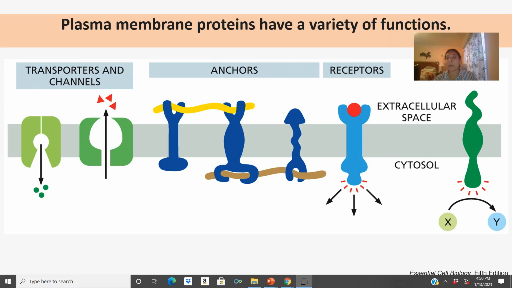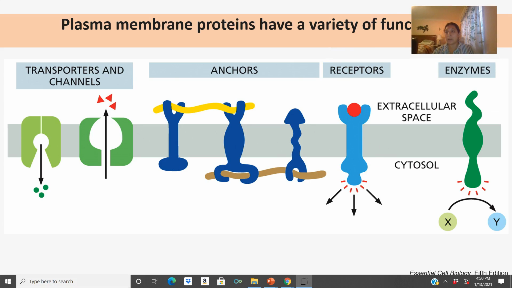And finally, you have enzymes, which catalyze reactions within the cell in response to environmental cues. So those are going to be your 4 main categories of proteins and the kind of functions that they are going to perform while they are in the membrane space.